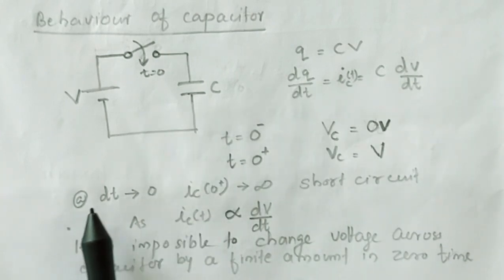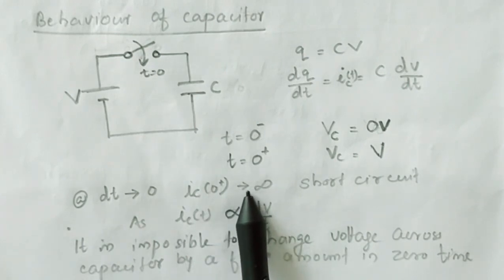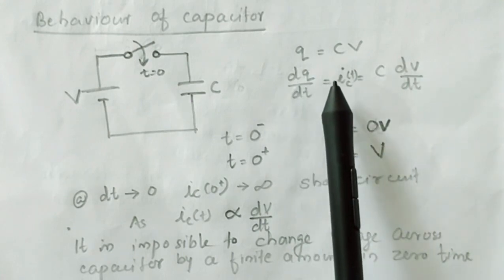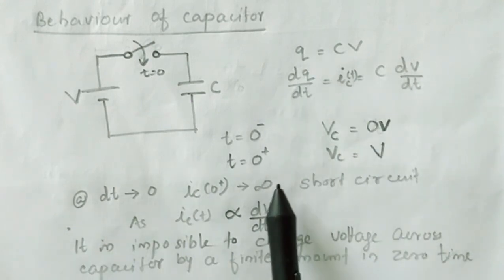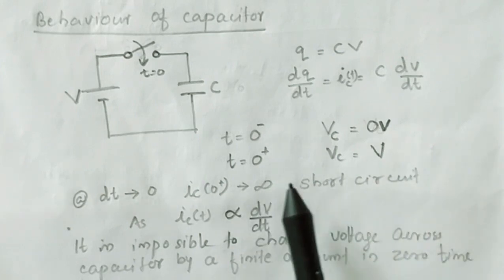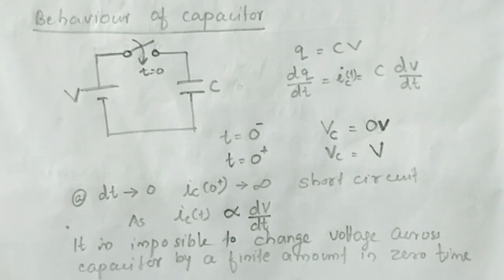So at t tends to 0 plus, I becomes infinity. Why? Because when we substitute 0 here, IC becomes infinity. That is a short circuit. As the current is infinite, the corresponding equivalent circuit is a short circuit. So it is impossible to change the voltage across the capacitor by a finite amount in 0 time.